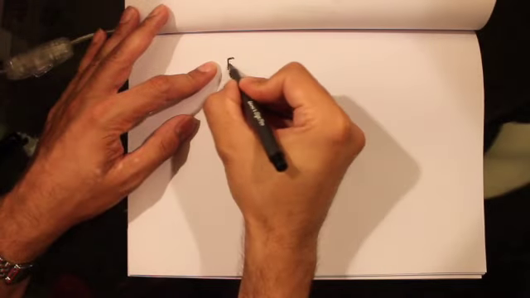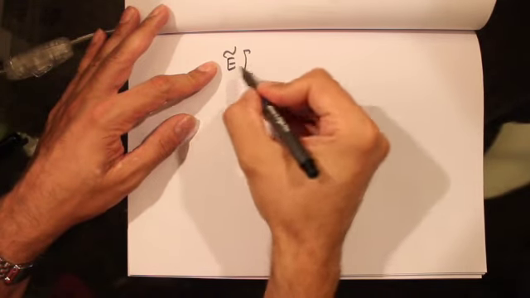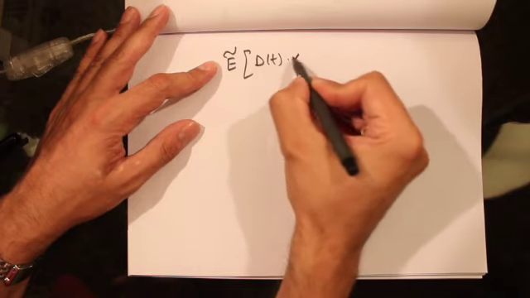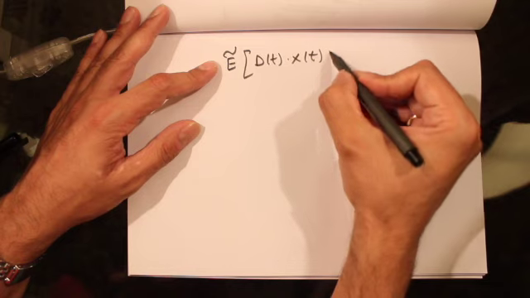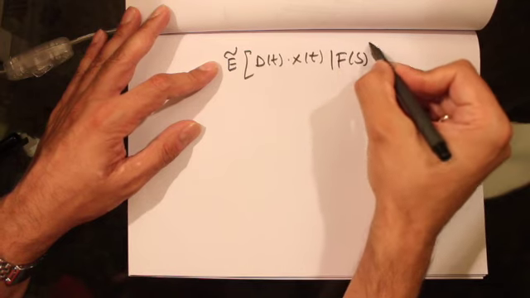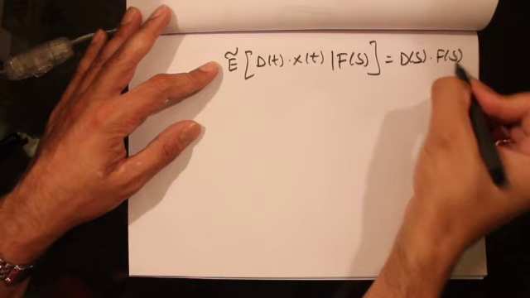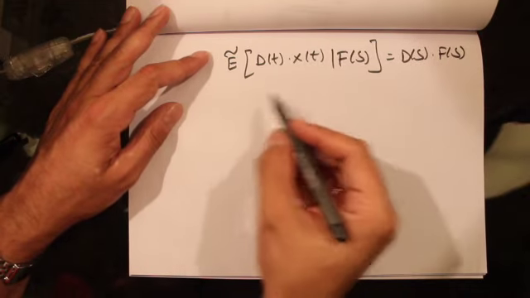Okay guys, because under the risk neutral measure the discounted value of the portfolio is basically a martingale, that means D_t times X_t given information at time s is equal to D_s times X_s, right?